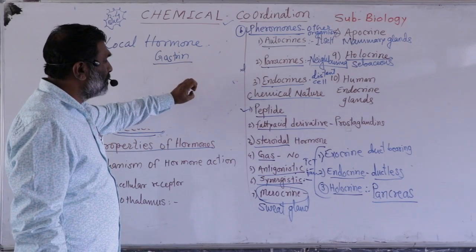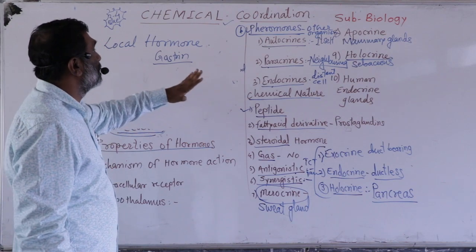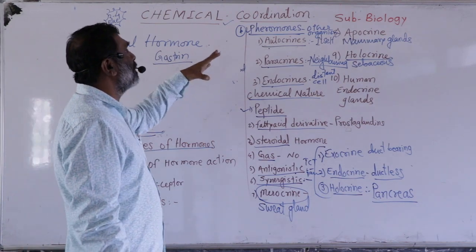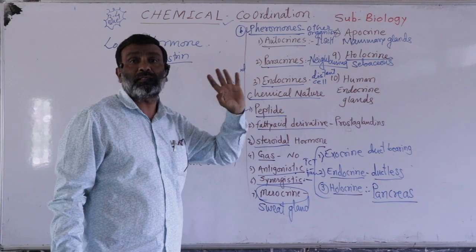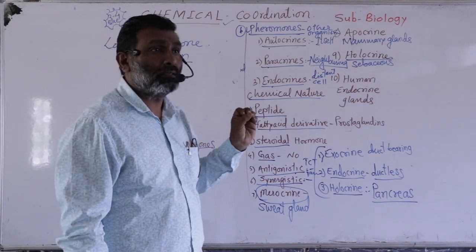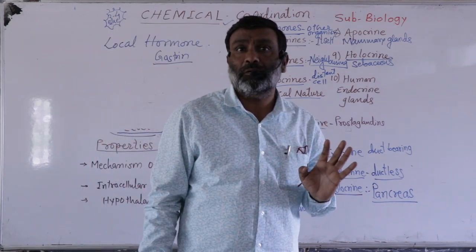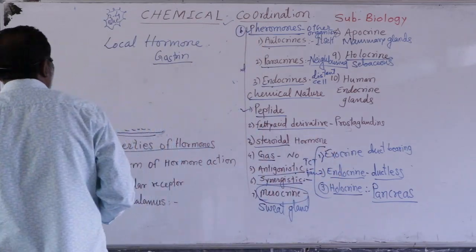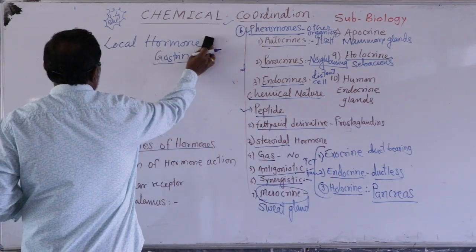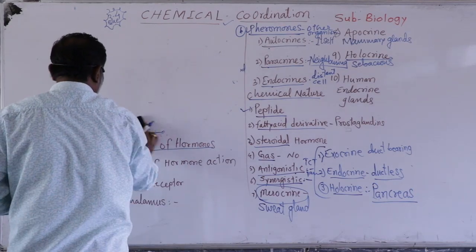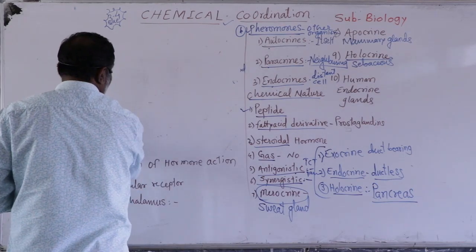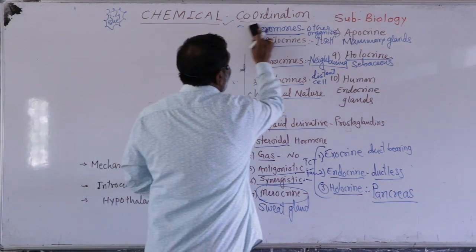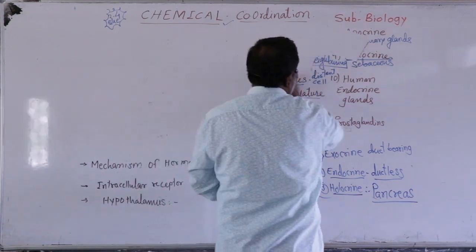So these are a few important terms which form the introductory part of this topic, chemical coordination. Now we start the actual article from this topic, the first article, and that is the mechanism of hormone action.